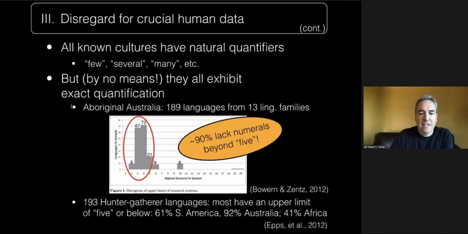So the fact that exact quantification is present today in our Western industrialized society, it's true, it's ubiquitous, but it is by no means characteristic of what has been in the human species for hundreds of thousands of years.